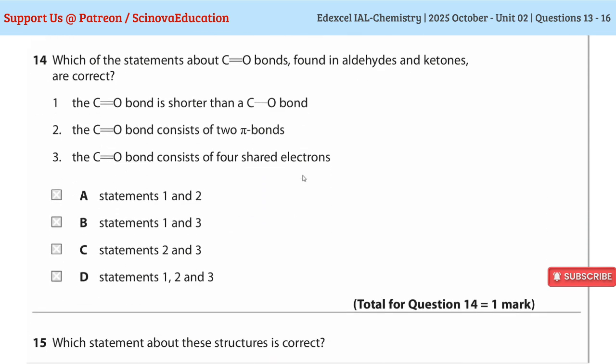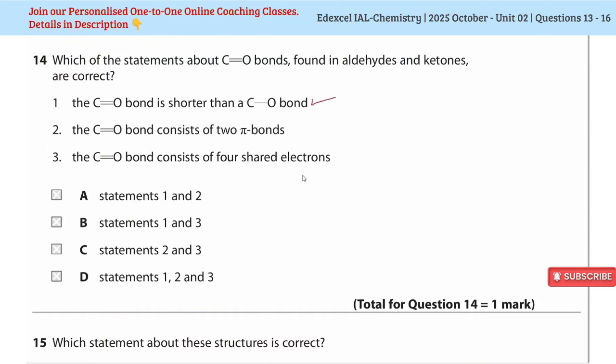Question 14. Which of the statements about C double bond O bonds found in aldehydes and ketones are correct? The C double bond O bond is shorter than a C single bond O bond. Yes, correct. The C double bond O bond consists of two pi bonds.